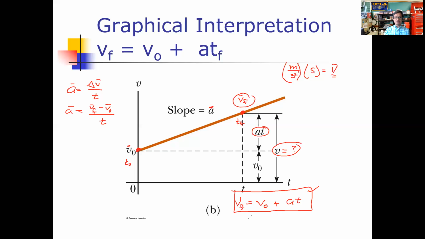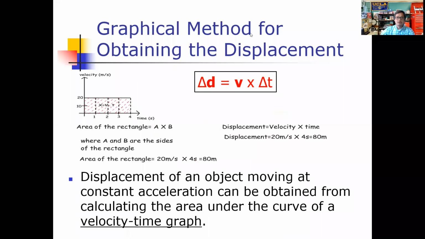And if you notice, this graph here is in the form of the point slope formula, with this being the y-intercept, and this being the slope, the acceleration being the slope. And then we have time and final velocity. All right, very good. So we can obtain this information graphically as well as getting the formula.